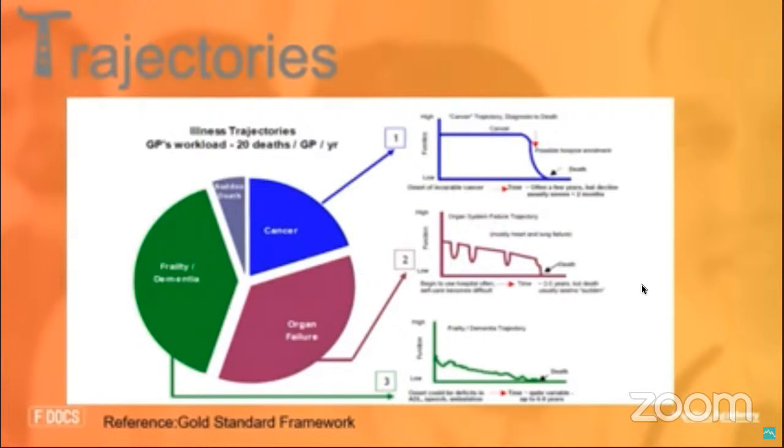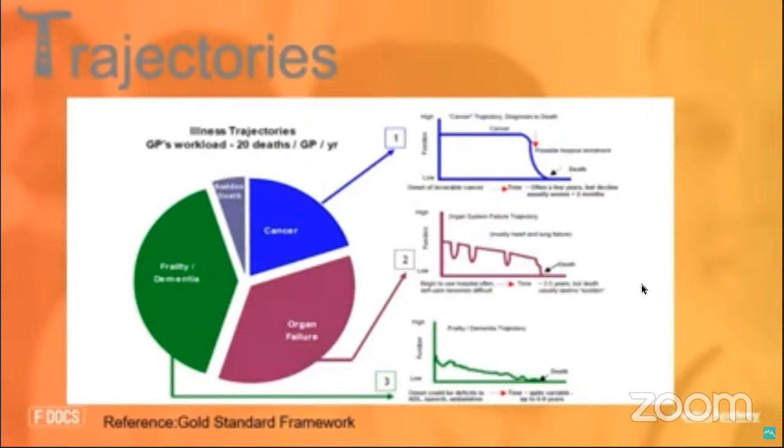And what's really challenging with these group of patients is to know which dip is the final dip, and which dip they are not going to recover from, and it's not always easy to tell. And that's particularly difficult when you're advanced care planning with these patients.